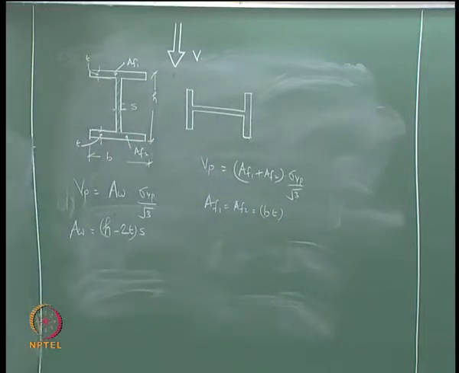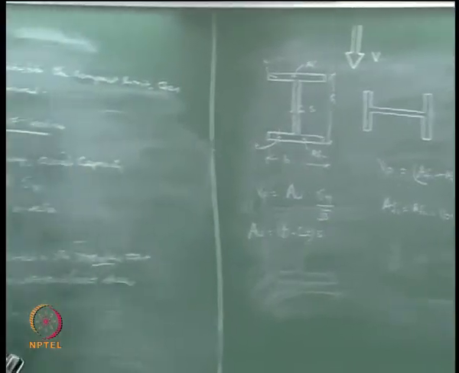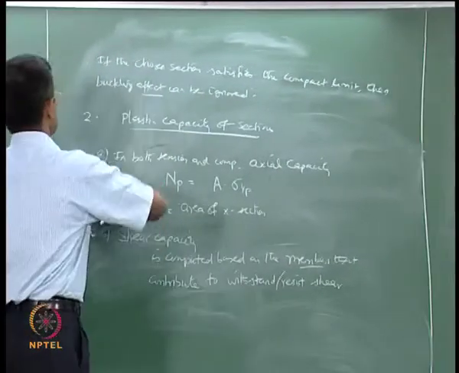So, for shear carrying capacity you must consider only those members which contribute or resist shear, not all. Any questions here?